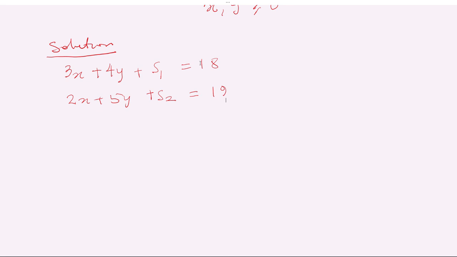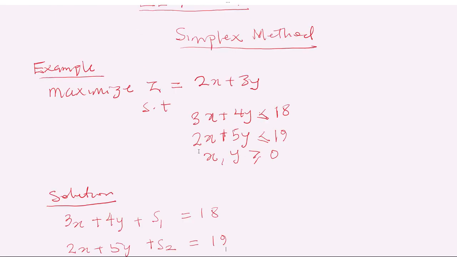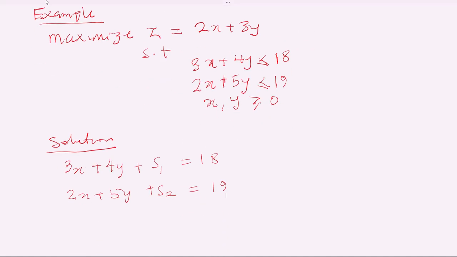Then if we go back, we also need to rewrite the objective function, z equals 2x plus 3y, in terms of this.